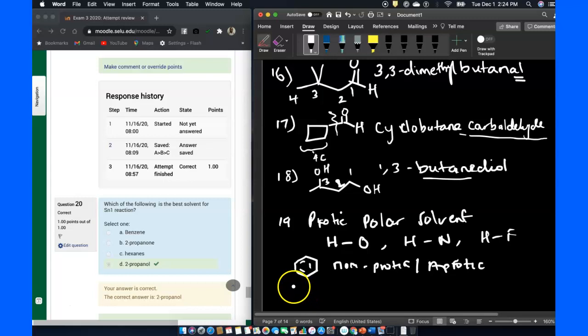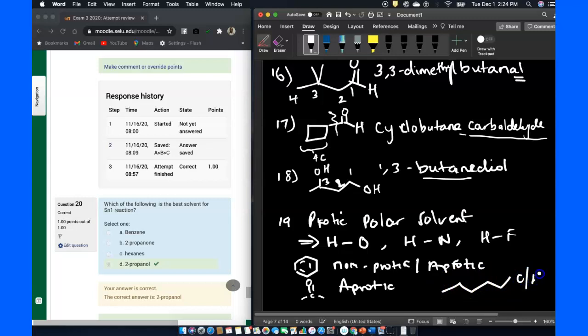Same applies to the next one, 2-propanone. It's simply nail polish remover. My pen is acting up. So this is 2-propanone. This is best for SN2 because again it's aprotic. You don't see any of these types of bonds. Hexane is just 6 carbons. 1, 2, 4, 6.